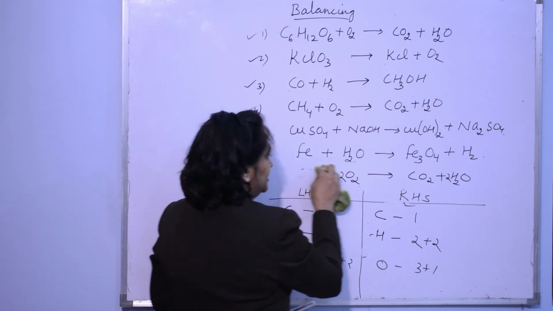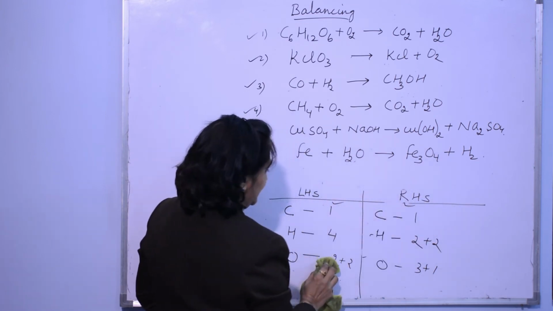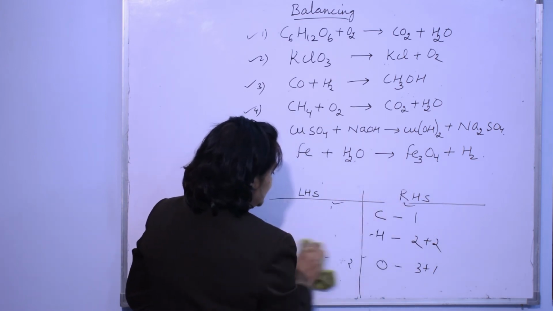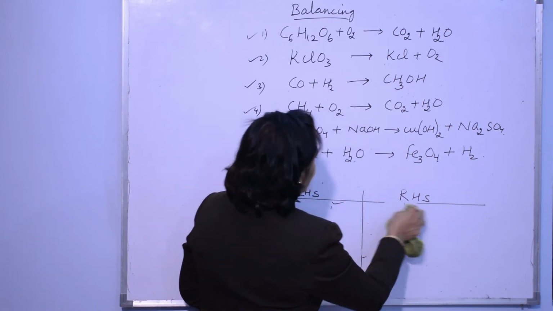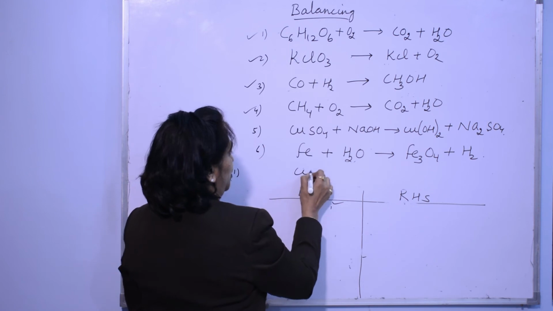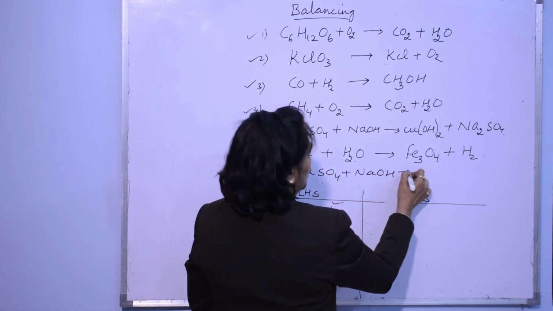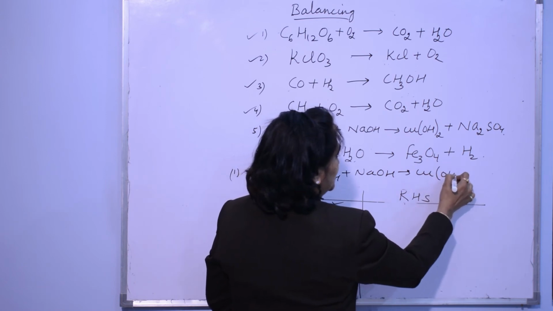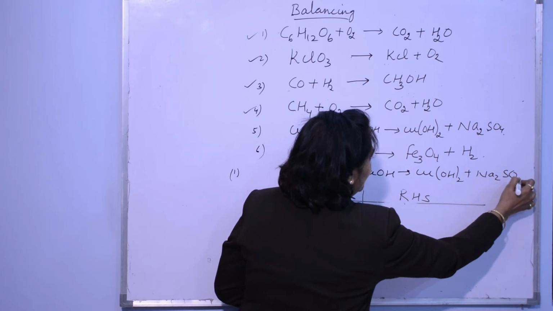After this fifth one, copper sulfate plus sodium hydroxide is forming cupric hydroxide plus sodium sulfate.